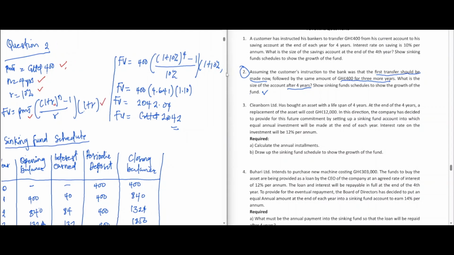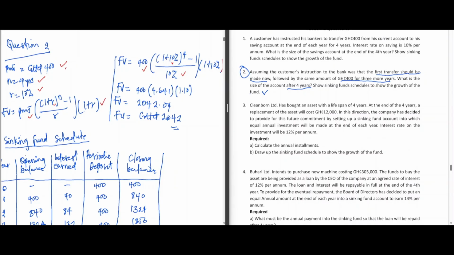We know our periodic or yearly deposit is 400 Ghana cedis, bracket open, 1 plus 10% is the interest, bracket close, to the power 4 minus 1, all over 10%, bracket close, times, bracket open, 1 plus 10%, bracket close. So using a calculator to calculate 1 plus 10%, bracket close, to the power 4 minus 1, all over 10%, you get 4.641, right?